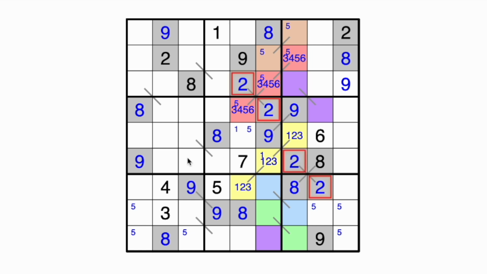Okay, so 2s. Are there any more things we can do with 2s? 2 has to be in this row, not here, not here. It's in one of these. Can't be here because of that. Can't be here because of that. So that's a 2. And then one of these two is a 2. Oh, there's no longer a 2 possibility in the yellow.